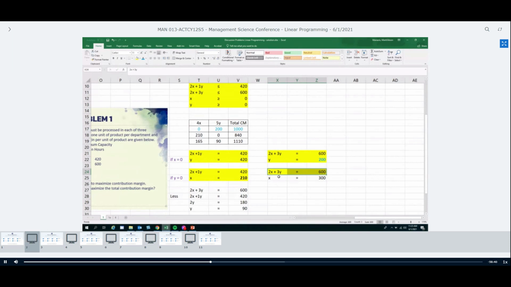So therefore, 600 divided by 2. So x is equals to 300. Again, ngayon nakuha na natin yung value ng x. Kunin natin yung lower value, which is 210 versus 300. Doon tayo sa mas mababa, which is 210. Okay?